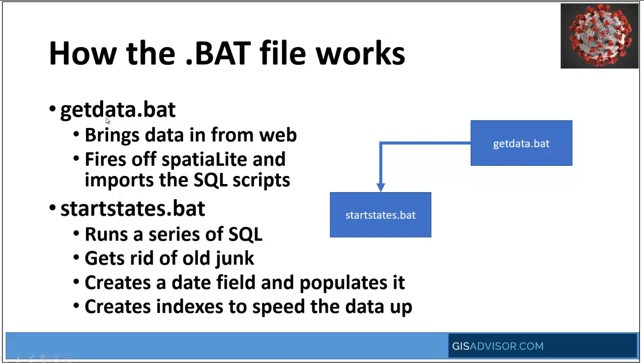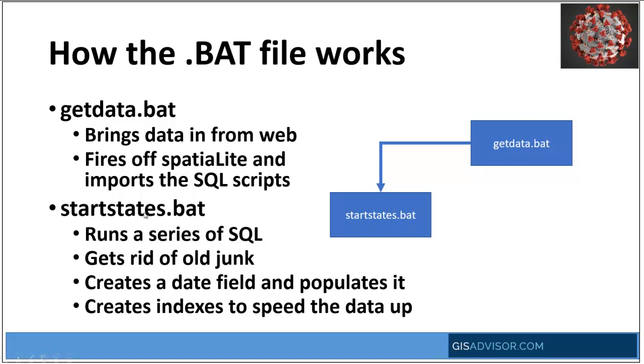The getData.bat brings in the data from the web, the data from the New York Times site as well as the COVID Tracking Project. Then it fires off SpatiaLite and imports a number of SQL scripts that begin to prepare the data. Those are in the startstates.bat.